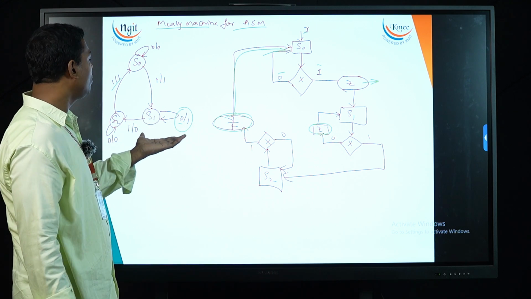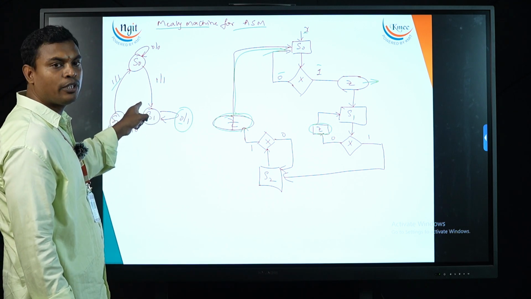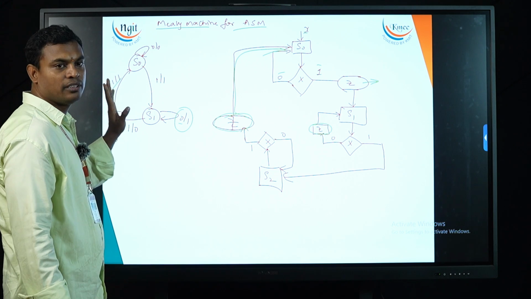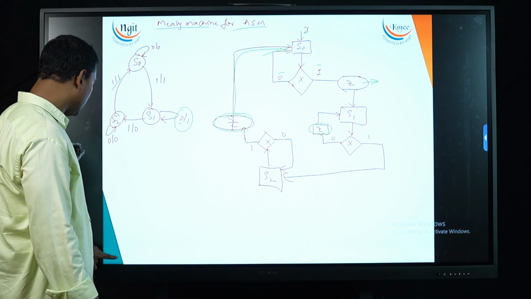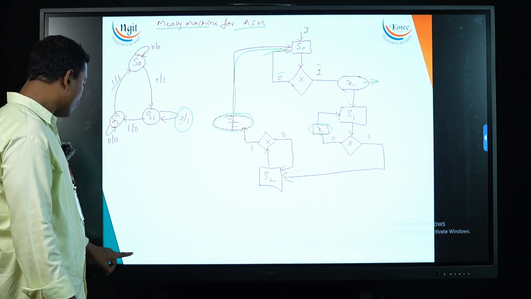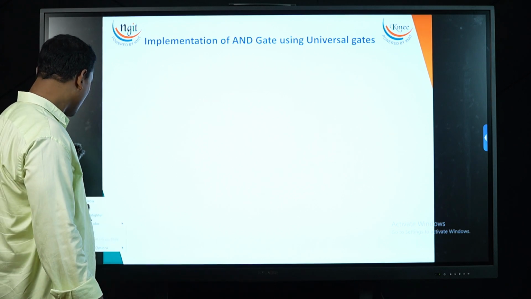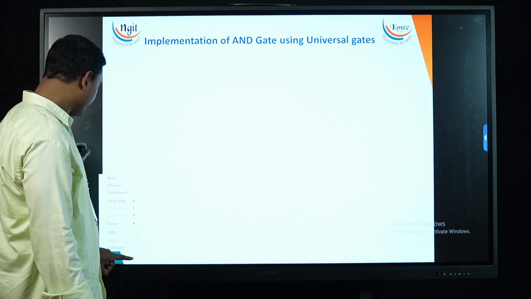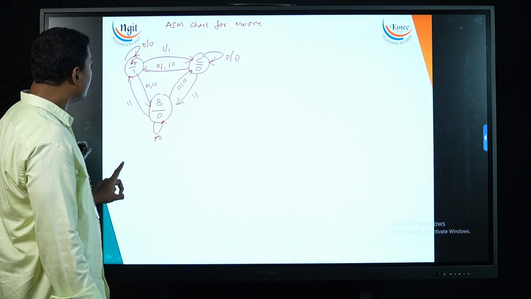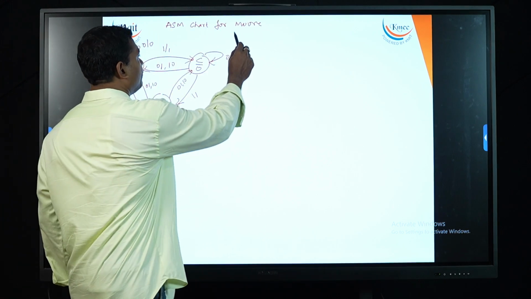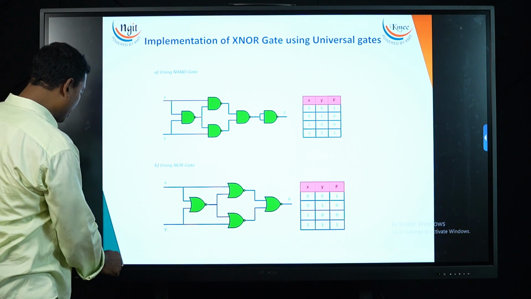Now state machines, you know, with the help of the state diagram itself, we can tell that this is a Mealy machine. Similarly, the state diagram we can also represent for a Moore machine. How does a Moore machine look? If you observe clearly, this is a Moore type of machine.